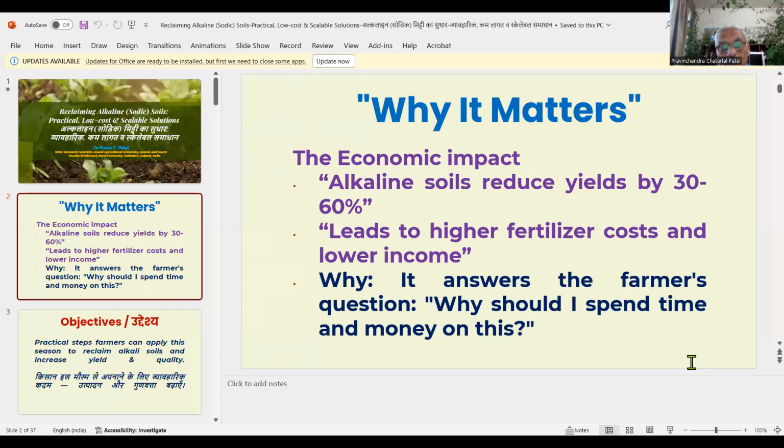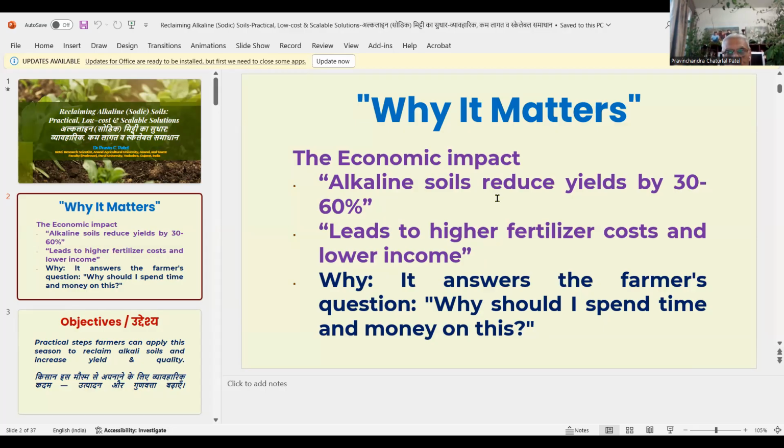Why it matters? The economic impact: alkaline soil reduces yield by 30 to 60%, leading to higher fertilizer cost and lower income. That is why farmers sometimes ask, why should I spend time and money on this?